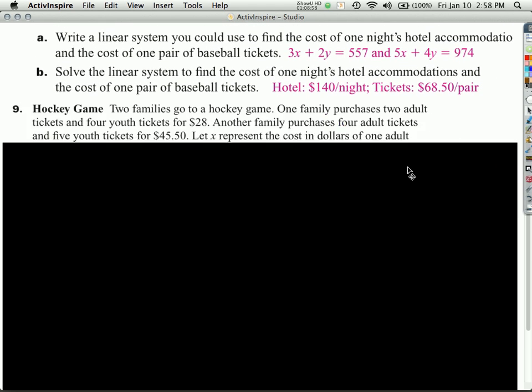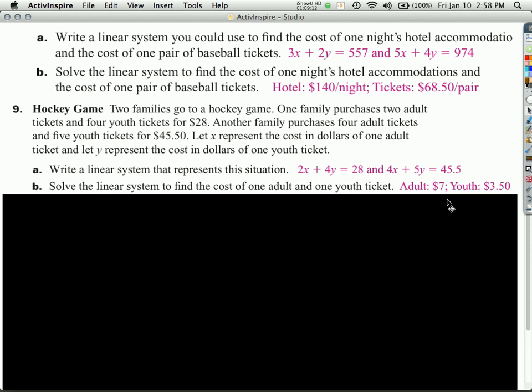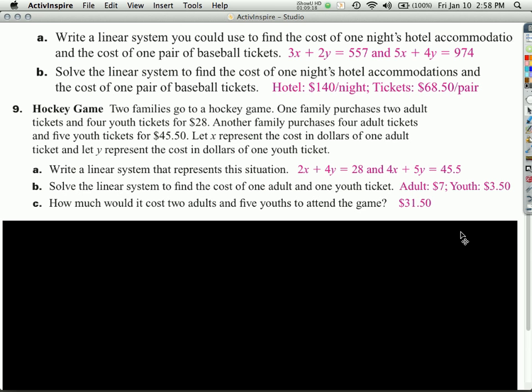Number 19, similar situation. You end up with 2x plus 4y equals 28, and 4x plus 5y equals 45.50. And when you solve that, you get an adult ticket for $7 and a youth ticket for $3.50, and then it would cost $31.50 for those people to go.